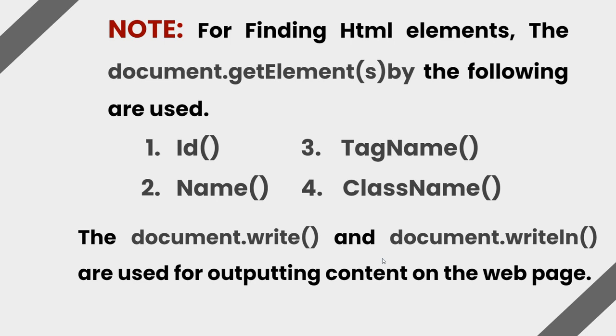So it's good that we know the importance of this particular method. We can say that 1 to 4 is for finding HTML elements, and document.write and writeln is only for outputting content on the web page.